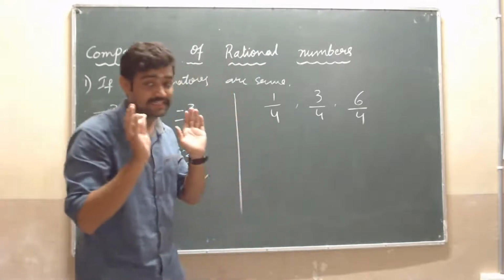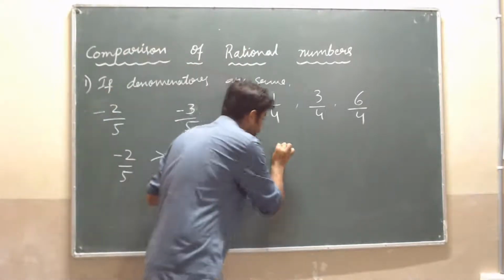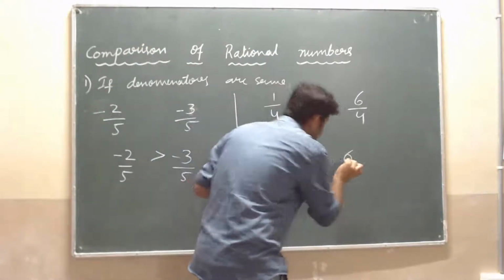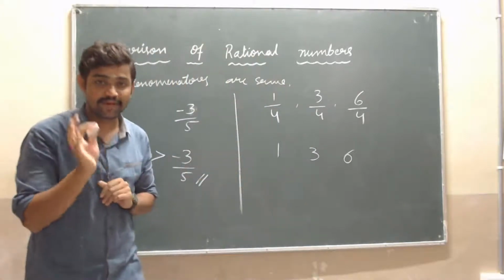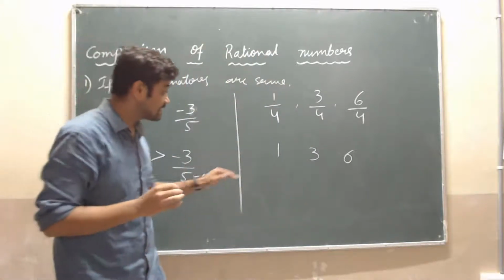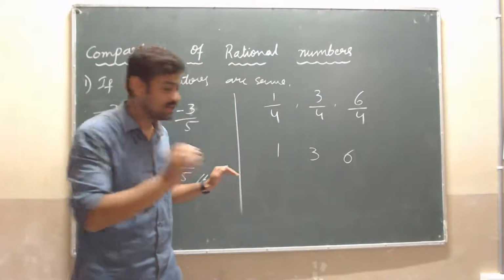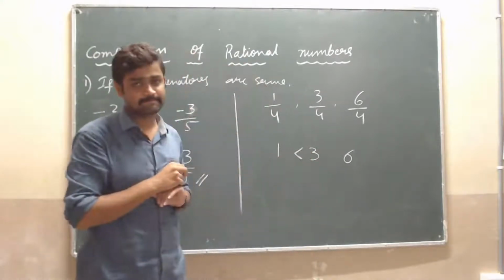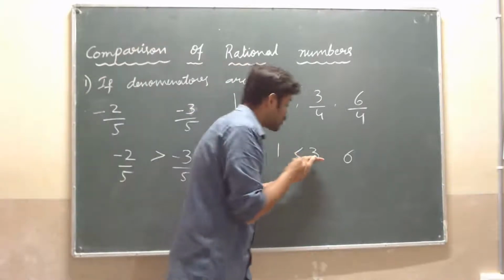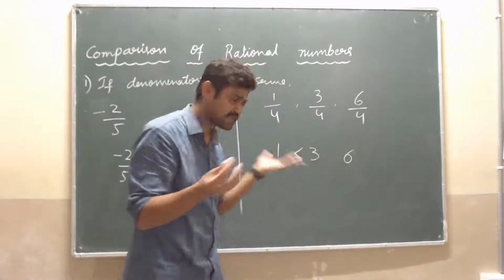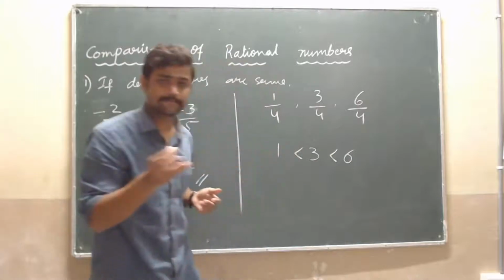If the denominator is the same, then what do we have to do? That is simple, we have to compare the numerators. We can easily write that 1 is smaller than 3. Then what about 3 and 6? Yes sir, simple. 3 is smaller than 6.